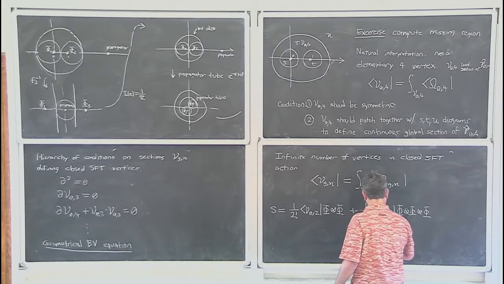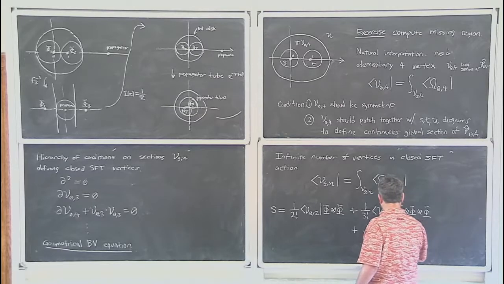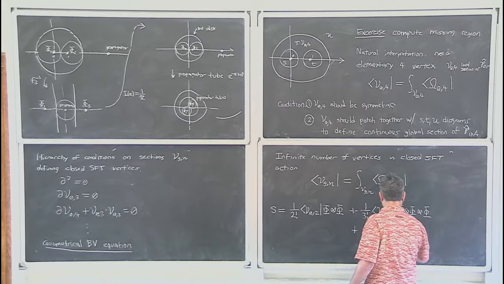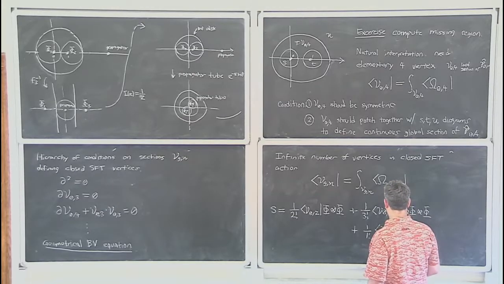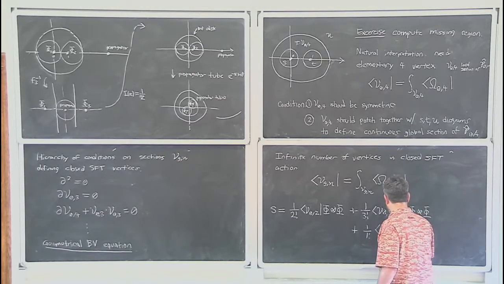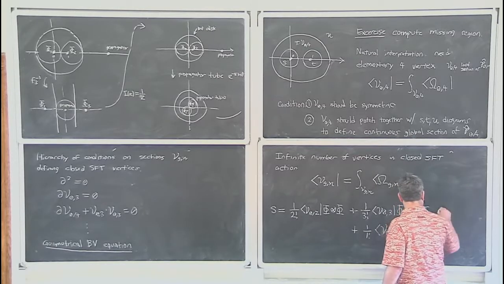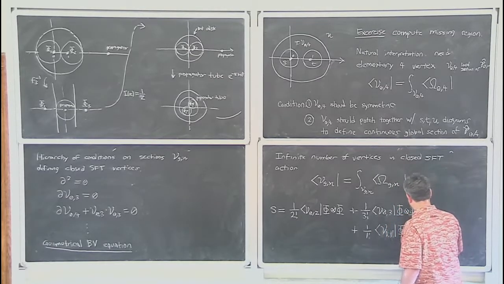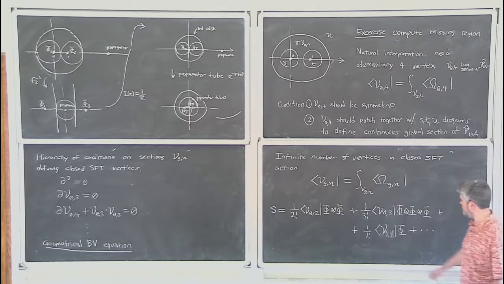So this is kind of analogous to the equation that I was writing at the beginning. So we will have, for example, a one-loop tadpole vertex, and so on. So this is analogous to the expression I was writing at the beginning.